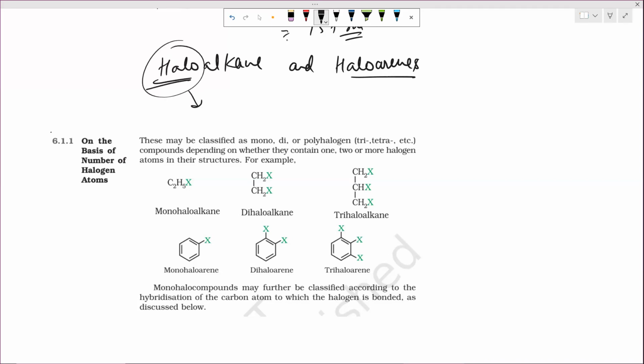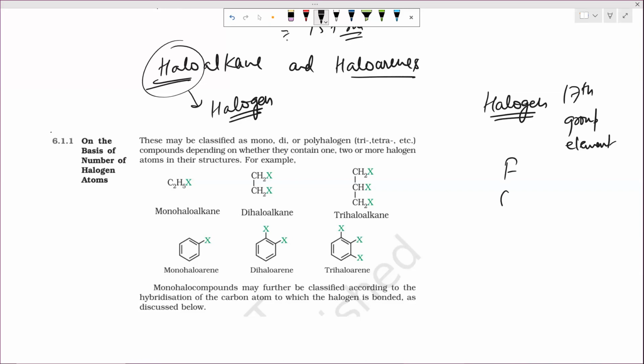It comes from the 17 group element. And what does halogen mean? Halogen is the 17 group element. The 17th group elements are called halogens, for example fluorine, chlorine, bromine, iodine. Got it?